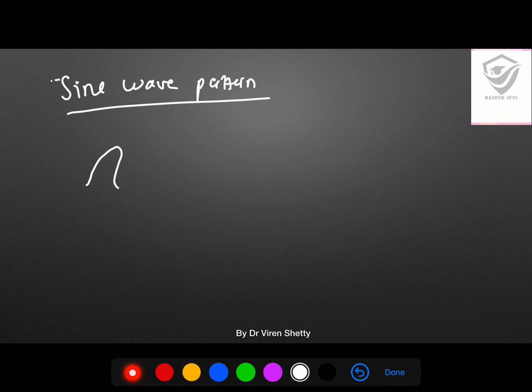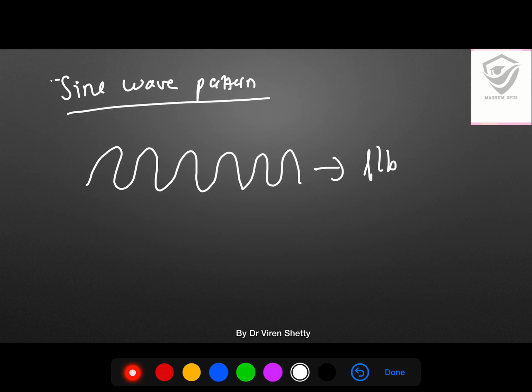The ECG will look like this, a sine wave pattern seen in hyperkalemia, and this is then followed by asystole. Obviously I'm talking of a patient who is not treated. It will be followed by asystole, and then eventually lead to death.